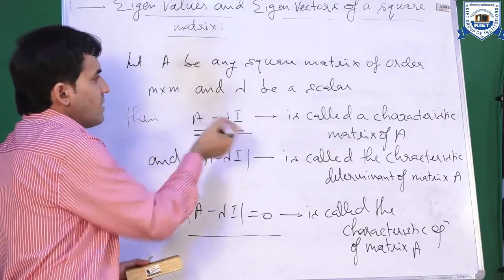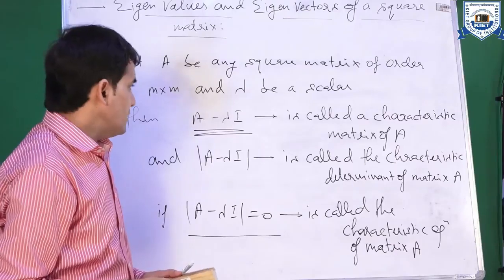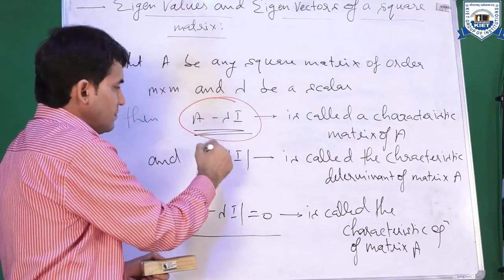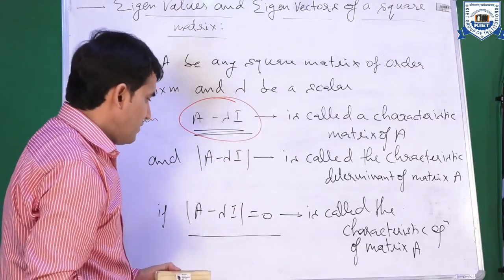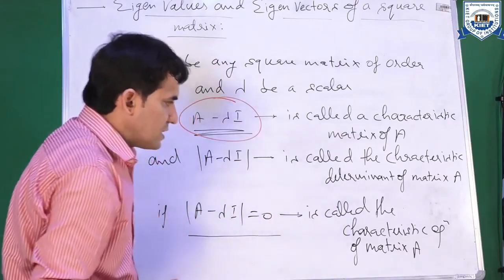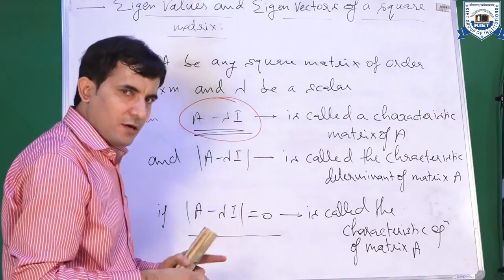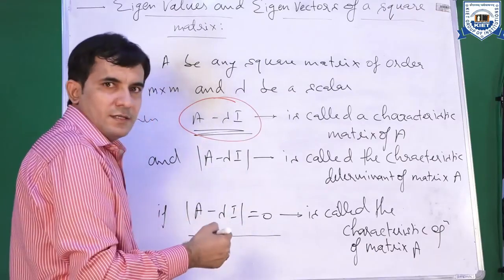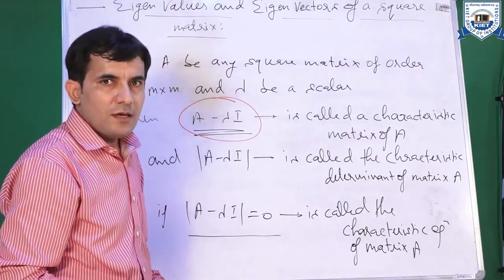Then A minus lambda I, which will be a matrix, is called the characteristic matrix of A, and the determinant of A minus lambda I is called the characteristic determinant of matrix A. If determinant of A minus lambda I is equal to 0, then this is called the characteristic equation of matrix A, because on expanding this determinant along any row or along any column, we will get a polynomial in lambda of degree m on the left hand side, and that polynomial is equal to 0, then we have an equation in lambda of degree m.